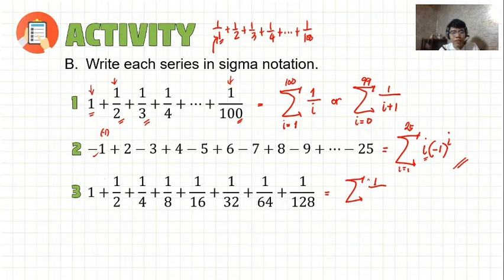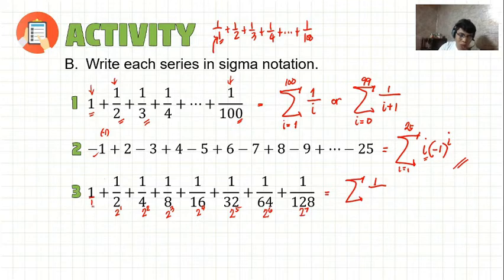Now, observe that the denominators are actually powers of 2. 1 over 1, right? 2 is 2 to the power of 1. 4 is 2 to the power of 2. 8 is 2 to the power of 3 and 2 to the power of 4 and so on. This is 2 to the power of 5, 2 to the power of 6, 2 to the power of 7.